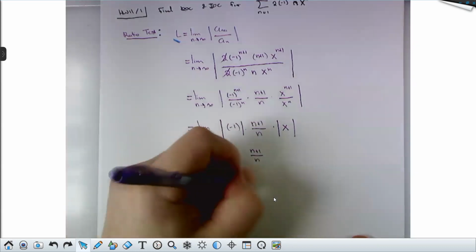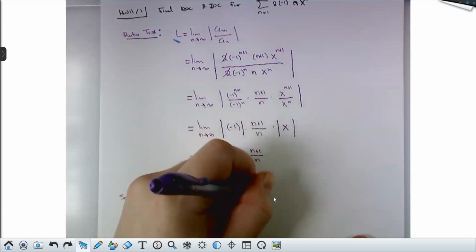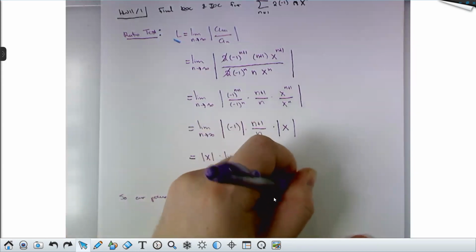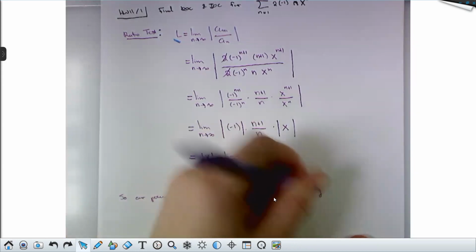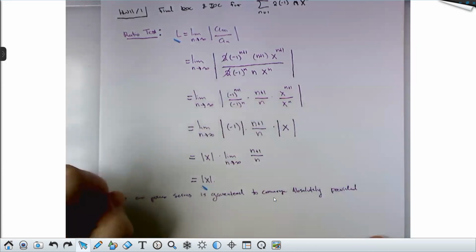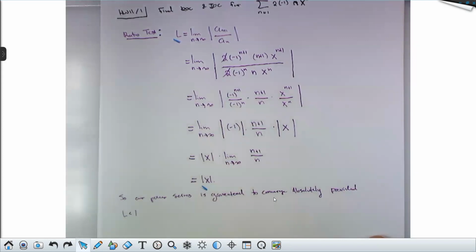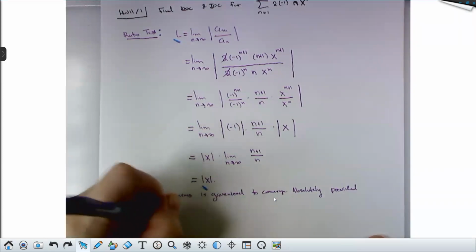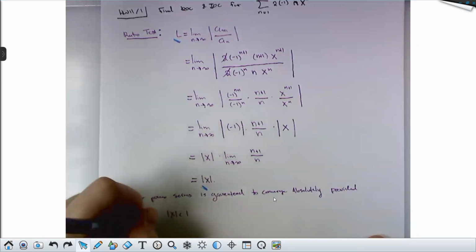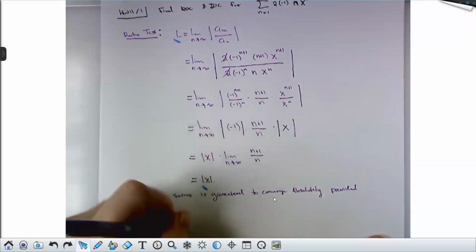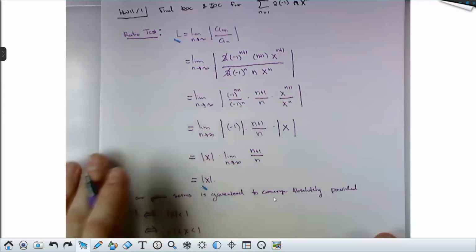Whatever that word is spelled correctly, guaranteed to converge absolutely, provided L is less than 1, which would mean the absolute value of x is less than 1, which means -1 is less than x is less than 1.